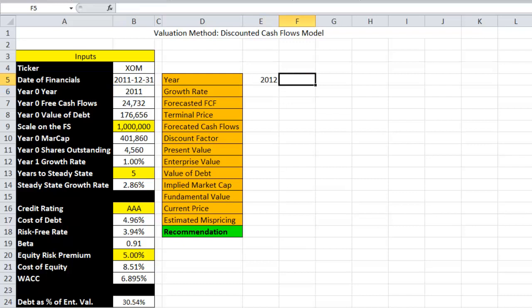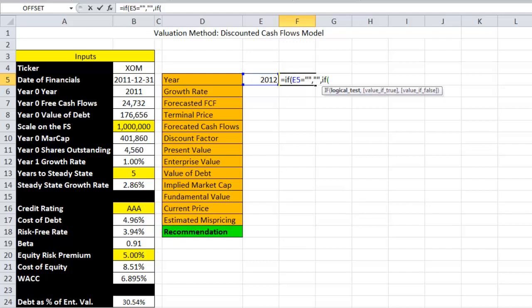But from this point forward, we need to use some if-then statements, and here's how the if-then statement is going to work. We're going to say, first off, if this previous year is blank, and the way that you say blank in Excel is just 2 quotation marks, if the previous year is blank, then that means we are outside of the analysis period. So that would mean we obviously don't want to see a year here if the previous year is blank. However, what if the previous year is not blank?